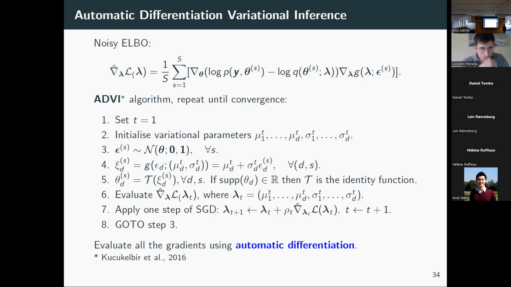Sorry, I didn't understand the function T, the calligraphic T. Oh, okay. Think of it like this: you want your variational distribution to be a Gaussian, which is supported on the whole real line. Now you want that function to simply transform it to, say, the positive reals. Why?